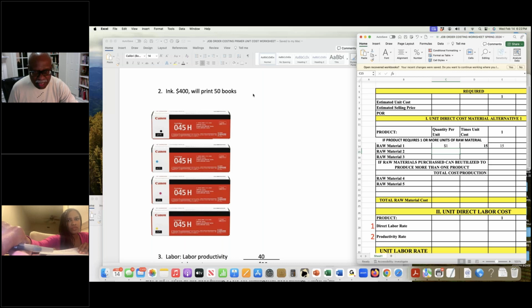Whenever I have the situation where I buy raw material and it'll make more than one finished product, I'm going to make a calculation. I'm going to go here to situation 4, and I'm going to put in the total product cost, which is $400.